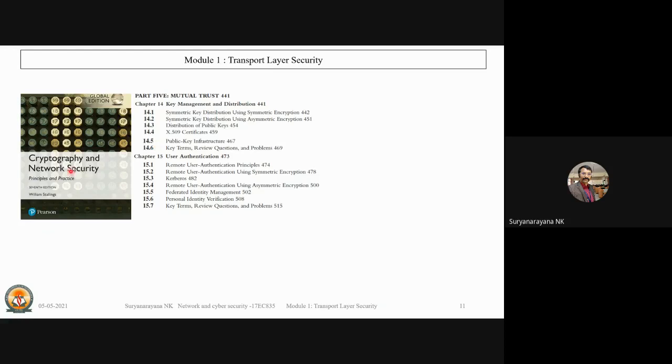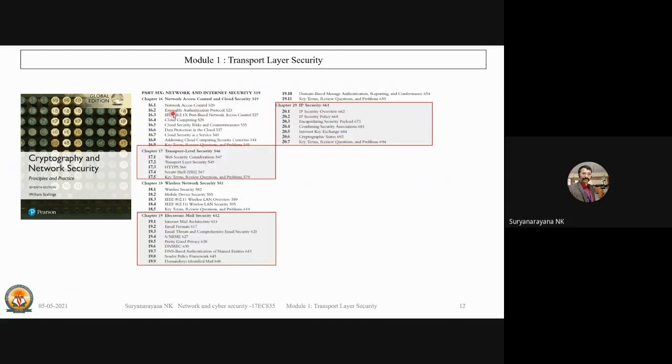The fifth part in this textbook is user authentication and mutual trust. And the sixth part in this textbook is network and internet security, where we are going to study only these chapters that are mentioned in this textbook as reference, chapters 17, 19 and 20.